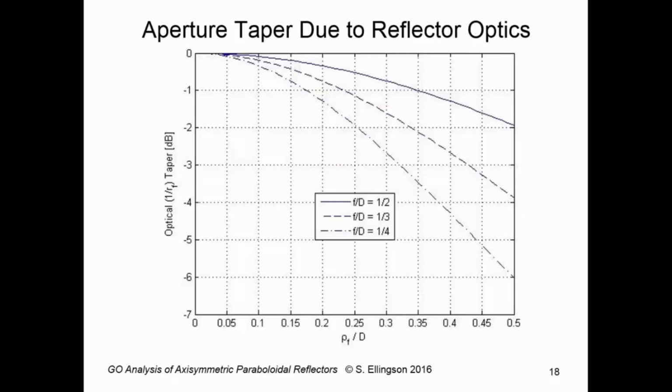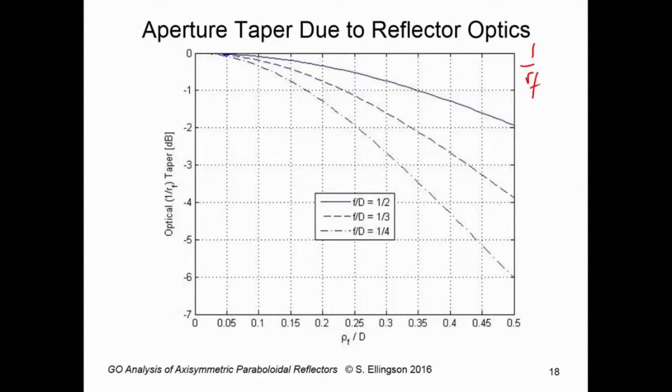Now, just briefly, I would like to identify a few things here that have now revealed themselves. One is this issue of aperture taper. So we know we have this 1 over r sub f dependence of the magnitude of the field incident on the point of reflection due to the fact that the distance between the feed and the point of reflection is increasing with theta f.